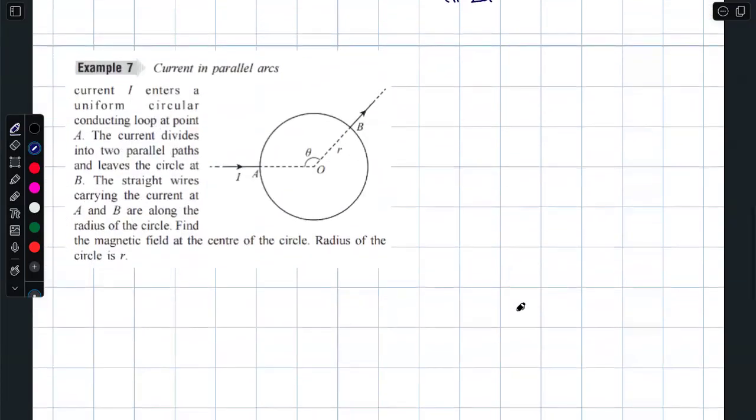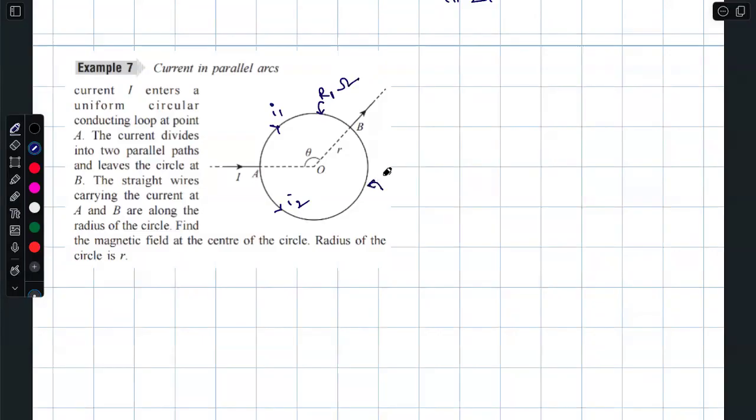Current enters a uniform circular conducting loop at a point A. You can see that. Now, because of splitting, the current divides as I1 and I2, right? You want the field at the center. Remember, now the entire part will have some resistance R1 ohm.